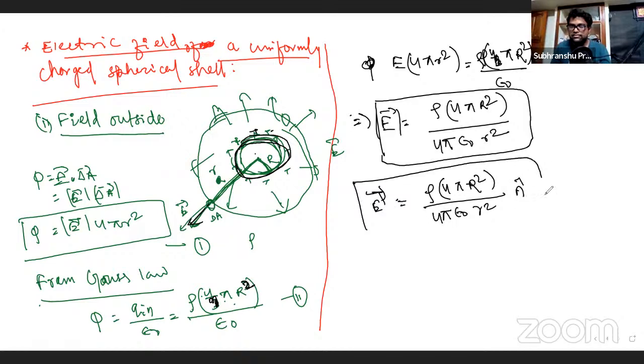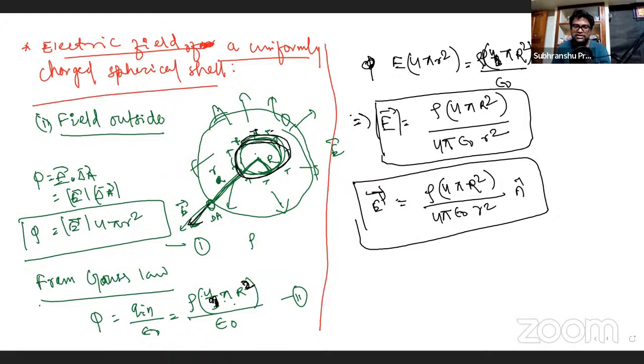This is the electric field for the charged sphere, outside the charged sphere.